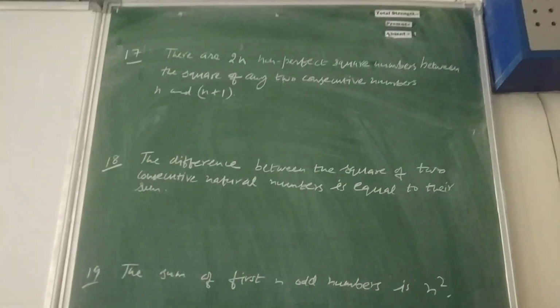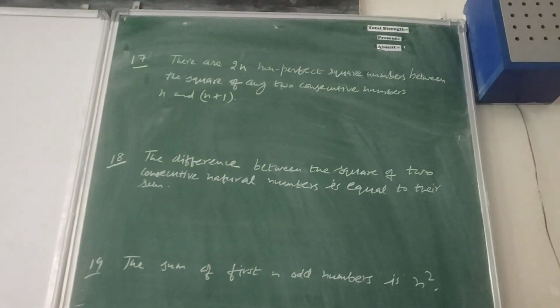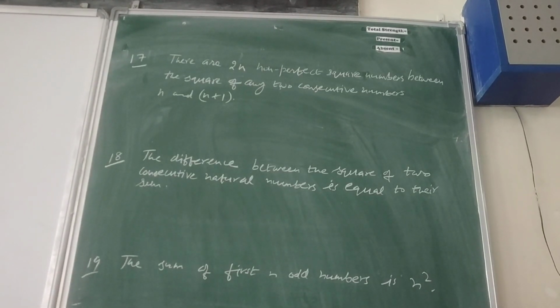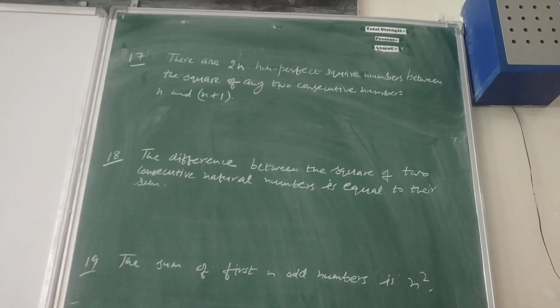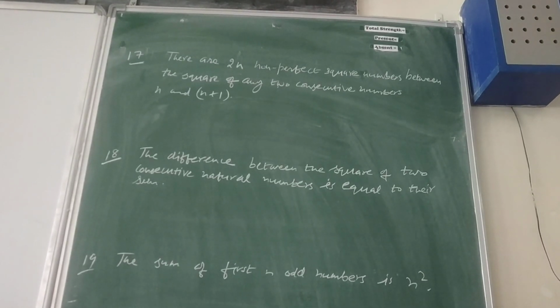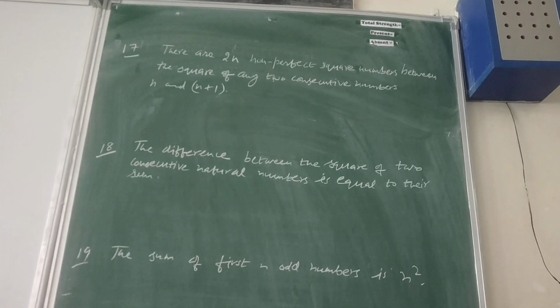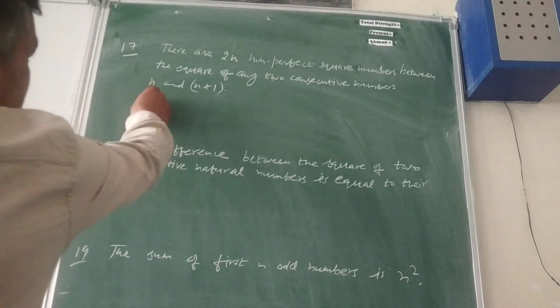There are 2n non-perfect square numbers between the squares of any 2 consecutive numbers n and n plus 1. So suppose there are 2 consecutive numbers n and n plus 1.